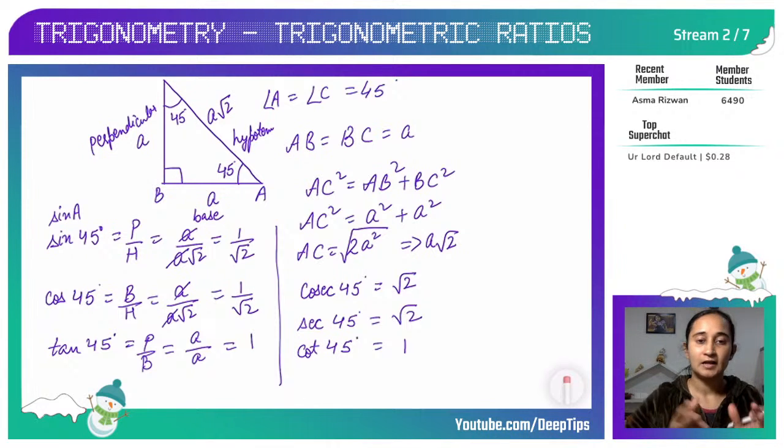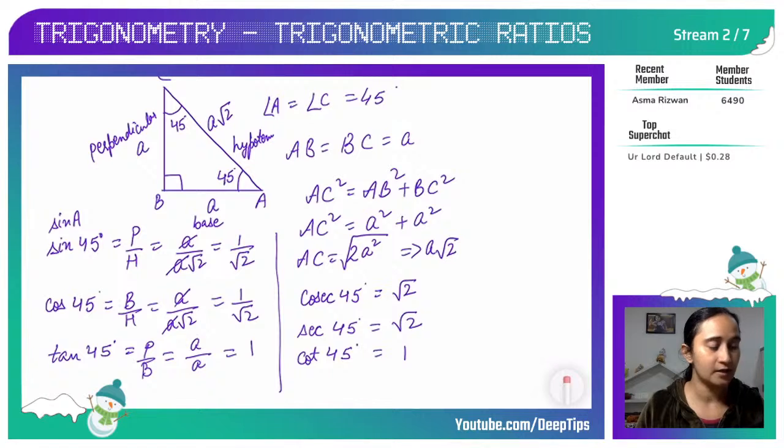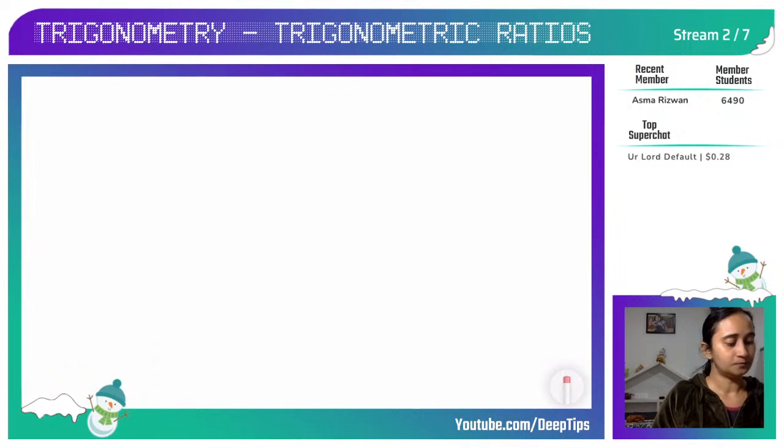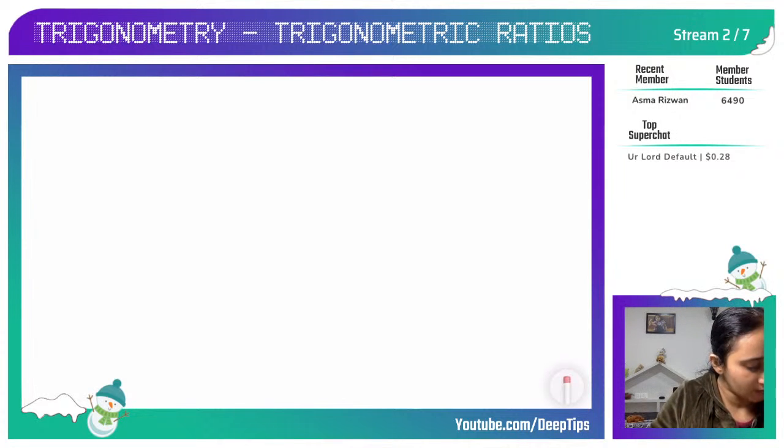If you're thinking like that, that is also correct. But then I am not sure about the length of the sides. So that's why I'm not taking the triangle which I took in the case of 45 degree. Now, when I'm talking about 30 degree and 60 degree, I have a better triangle in my mind, and that is the equilateral triangle. So let's draw one equilateral triangle.